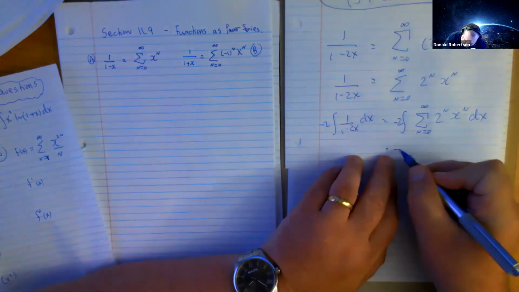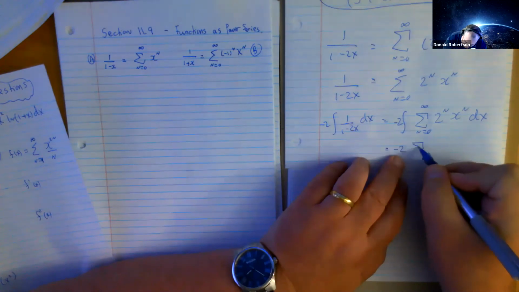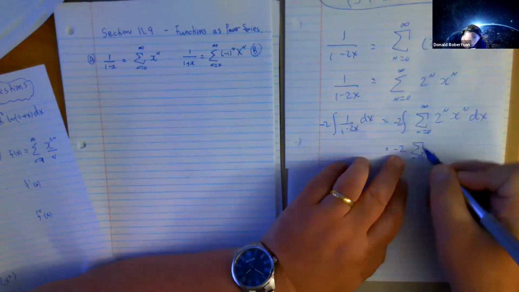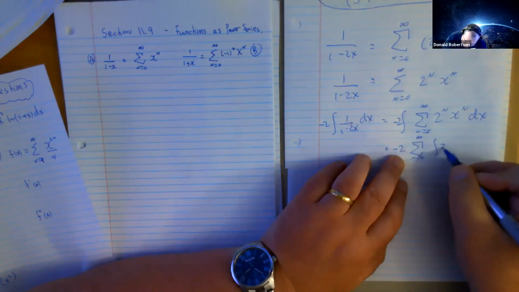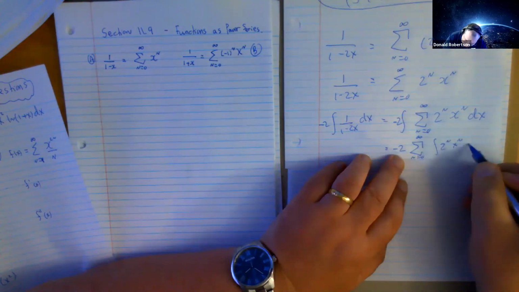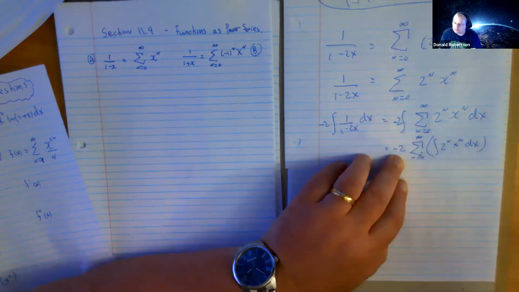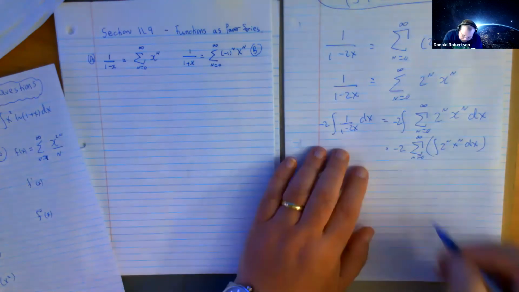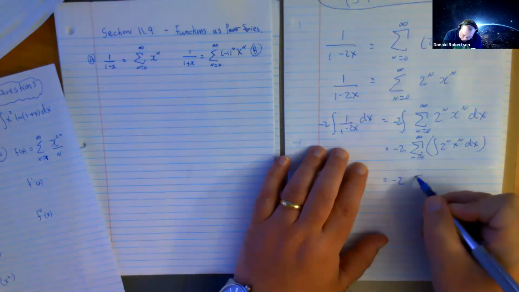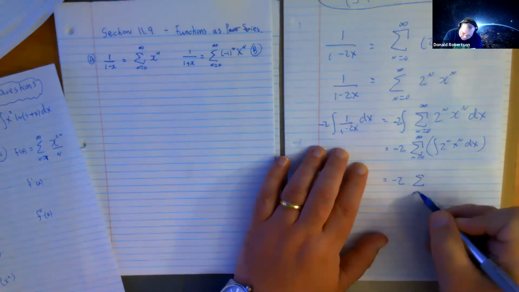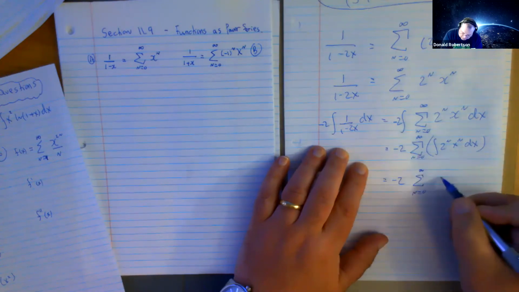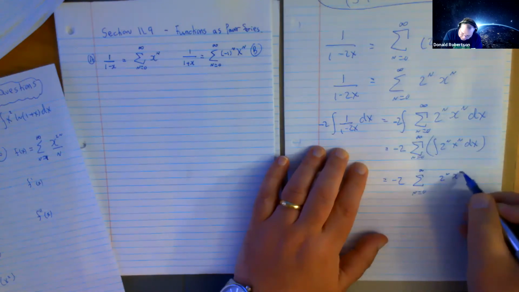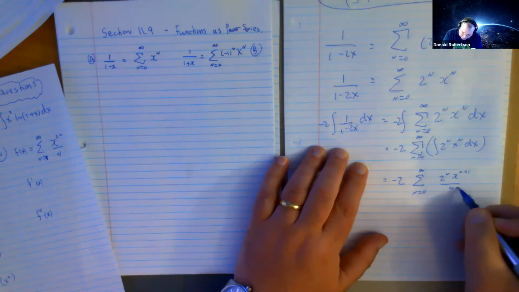So we have a -2, we have a sigma, n equals 0 to infinity, and we'll just integrate that. So this is the power rule of integration coming up. You add 1 to the power, and you divide by the new power.